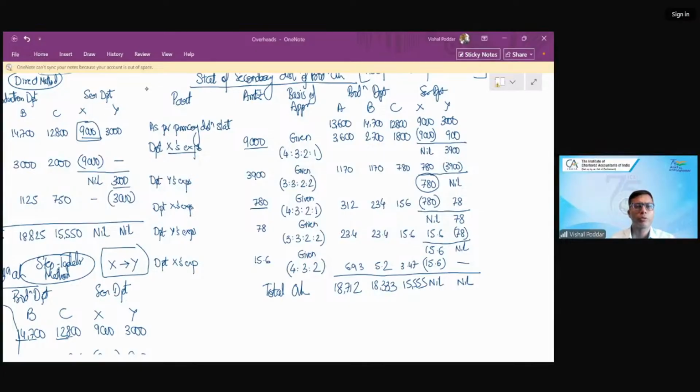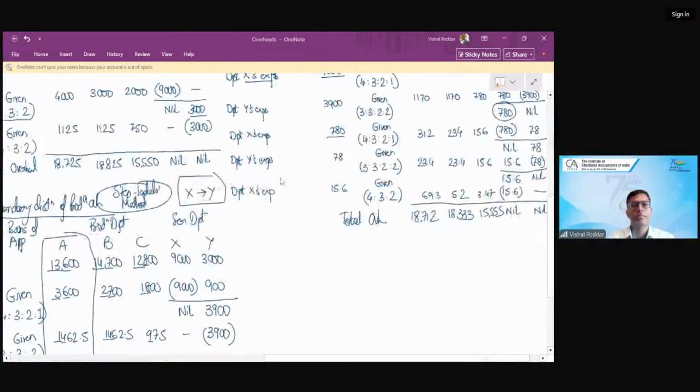So I hope you all understood, students. Very good, Aishwarya. Yes, Deepali. Now again, compare, students, the answers that we were getting. The first method gave 18,725. Here we are getting 18,712, 18,825, 18,33. So it is different.